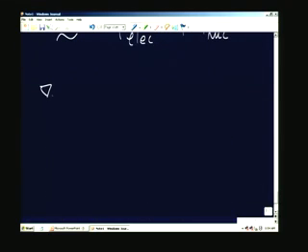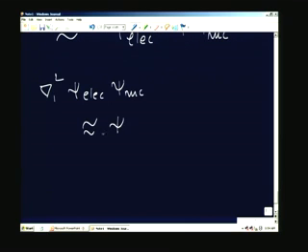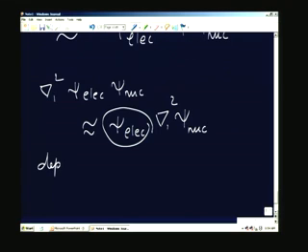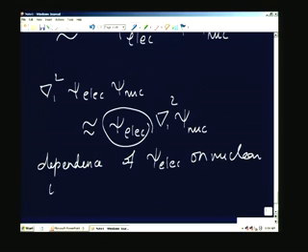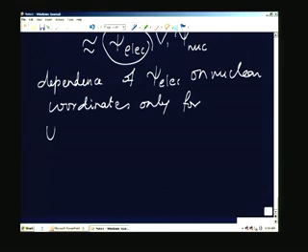when you write del 1 square psi electronic psi nuclear as roughly psi electronic del 1 square psi nucleus, what are you doing? You are throwing away the dependence of psi electronic on nuclear coordinates only for the purpose of the derivatives, only for the purpose of derivative calculation.